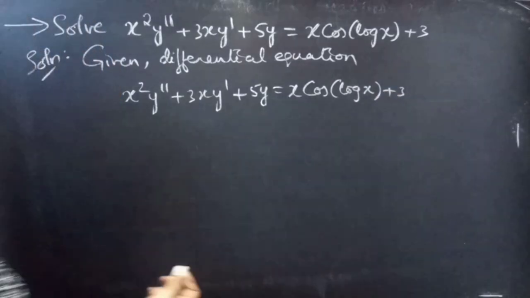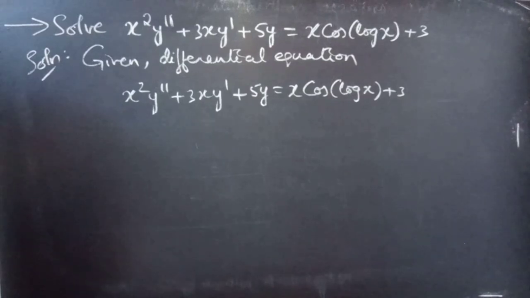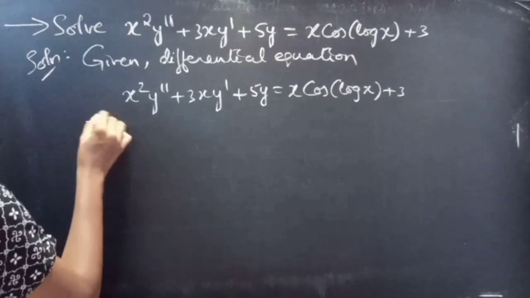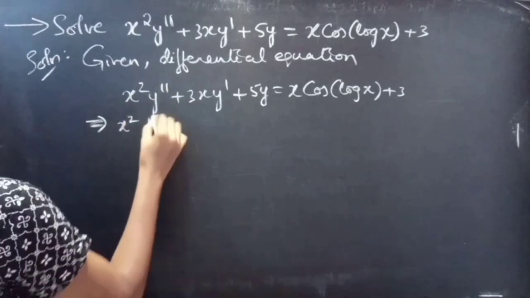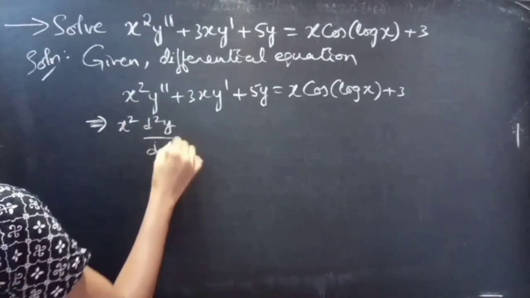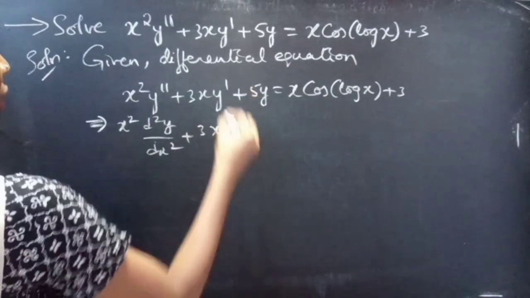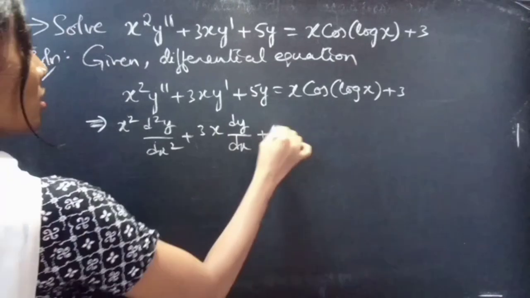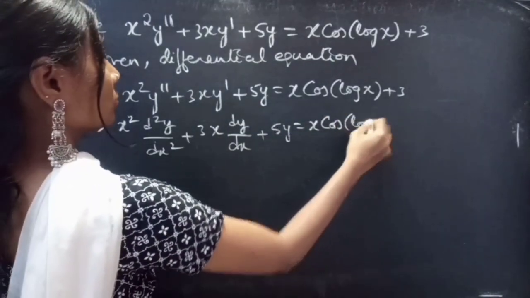We are given a differential equation which has variable coefficients, right? We can write y double dash as d square y by dx square, plus 3x into y dash as dy by dx, plus 5y equals RHS part.